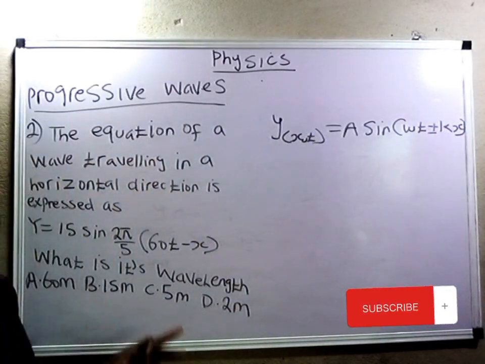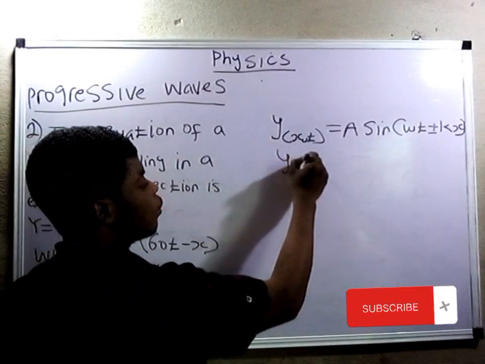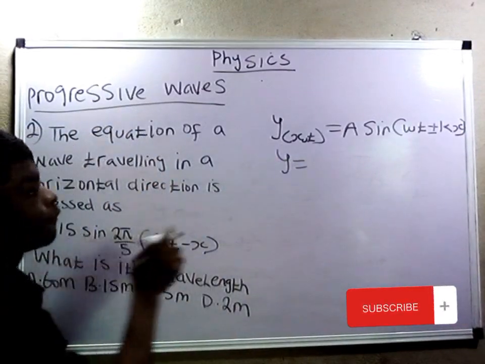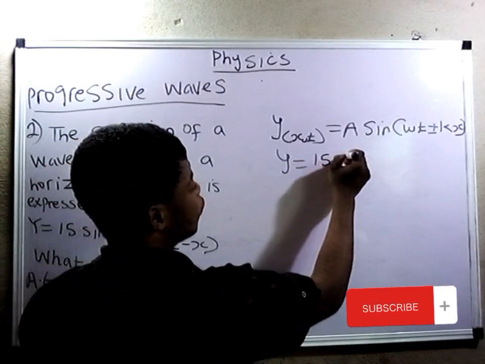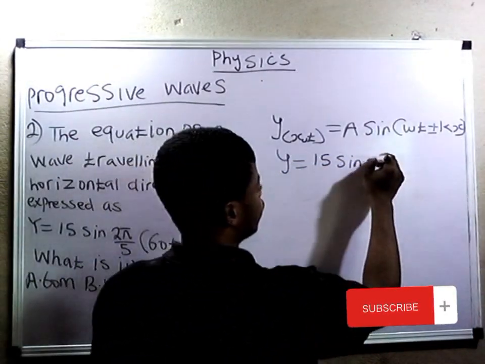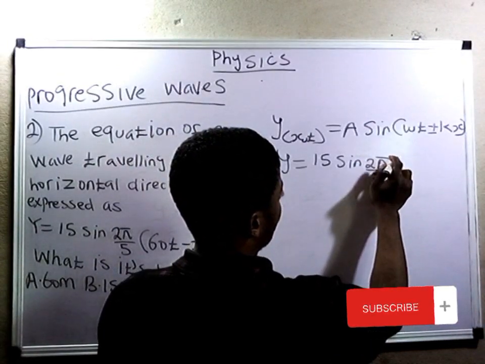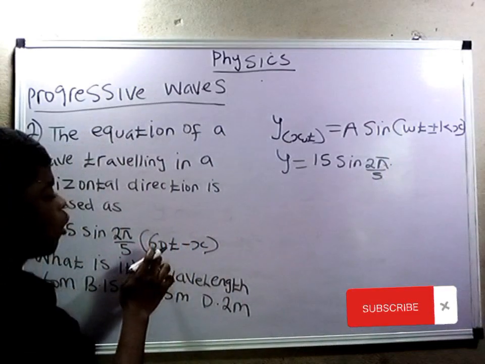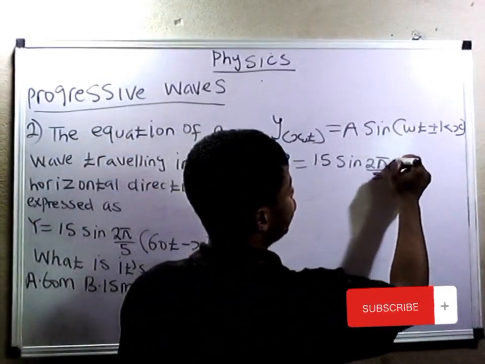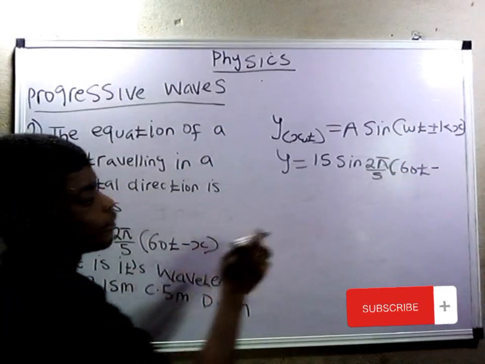Okay, so the one given here, we have to compare with y equals 15 sine 2 pi over 5 open bracket 60t minus x.